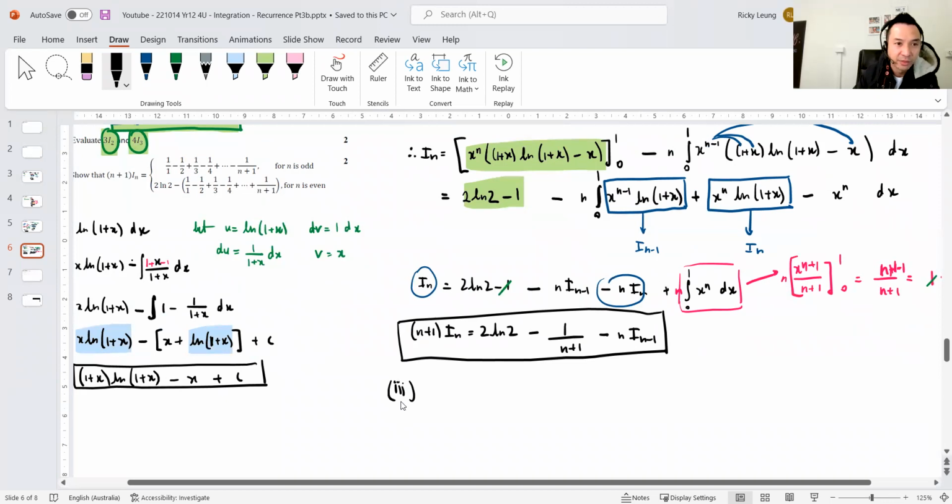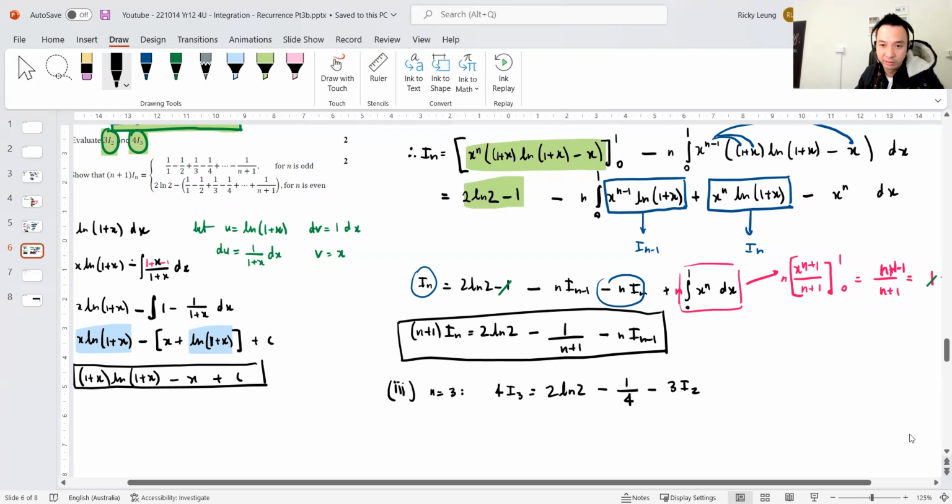they want me to find 3 elements. So I'll start with when n equals 3, right? Because then that becomes I4. I3 equals 2 ln 2 minus 1 on 4 minus 3 I2, right?